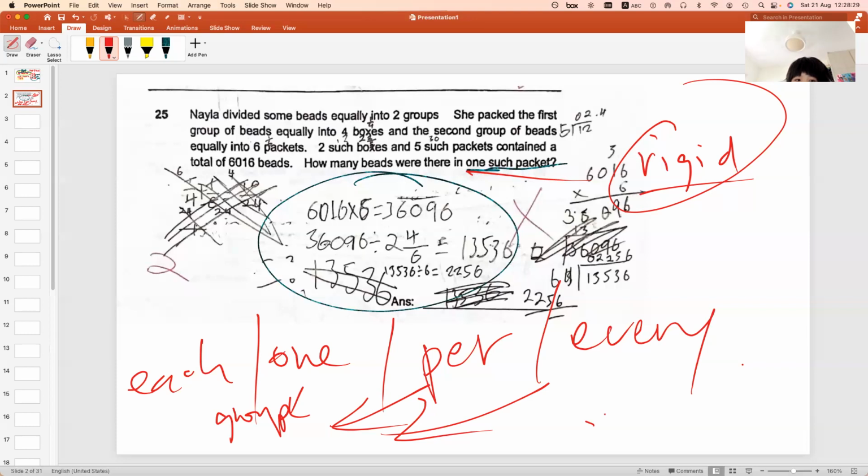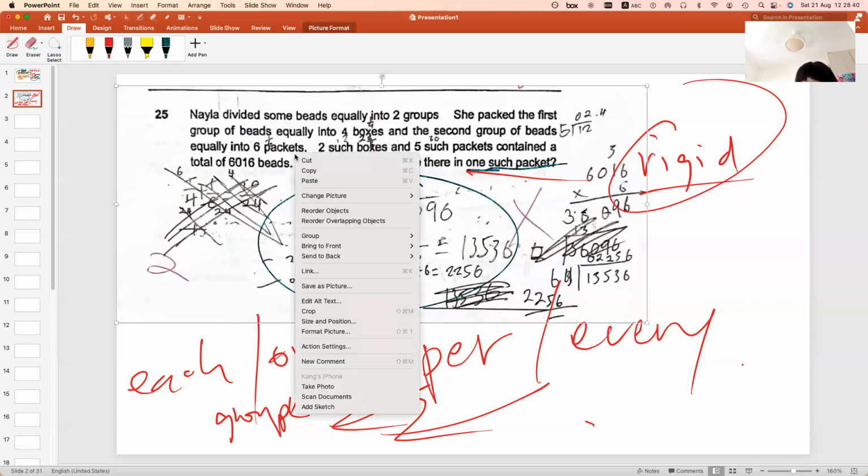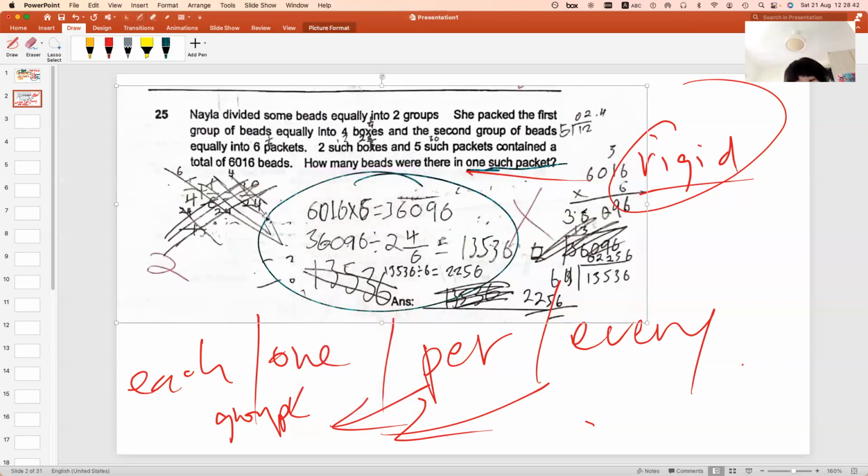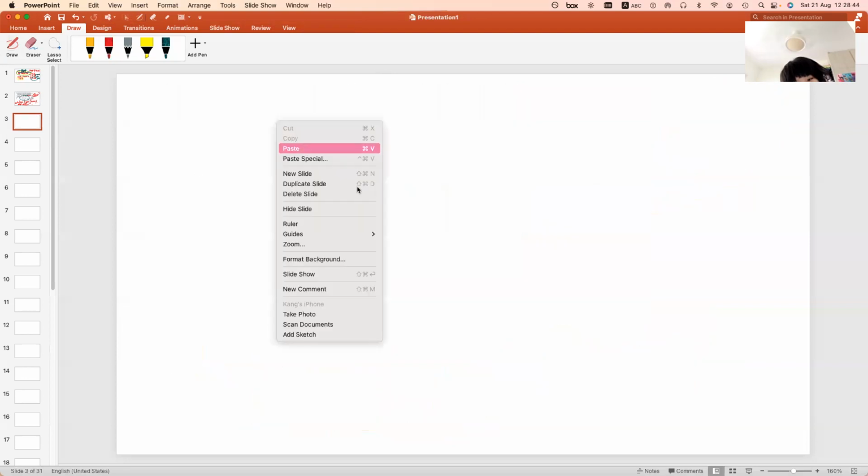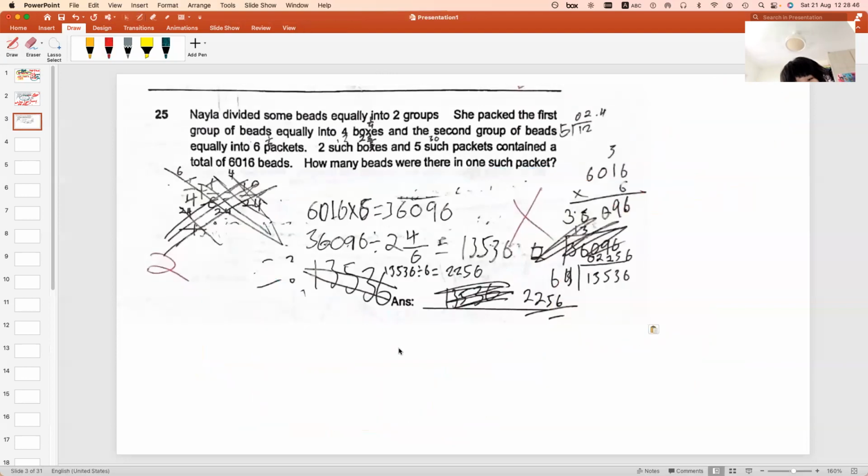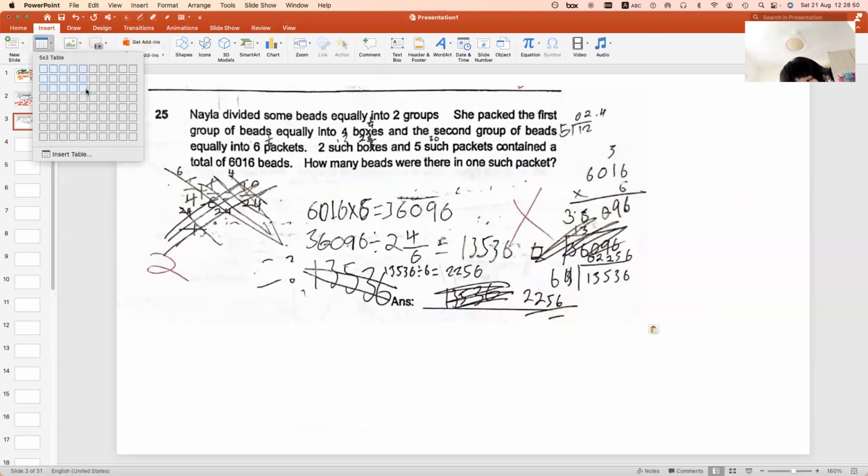Because you learn it, you still forget it. So one more time, you show me you have forgotten this. Okay, let's look at this. So you have no excuse next time. You don't know how to do such questions in terms of using the each number total table. Okay, let me just try to get the table out first.